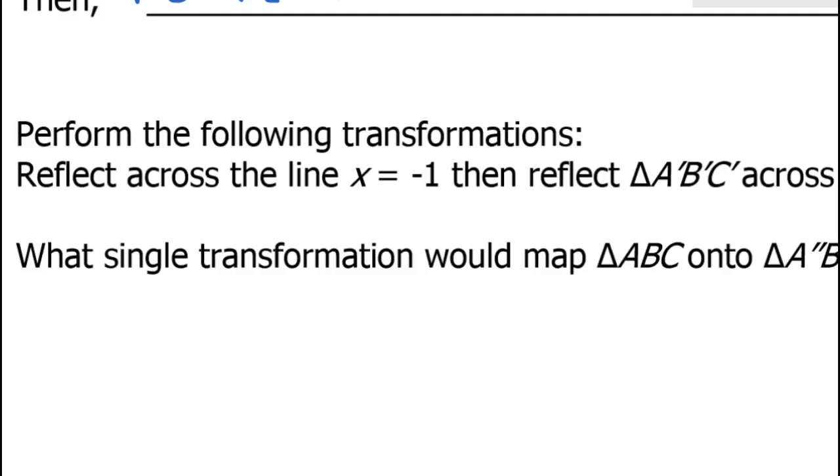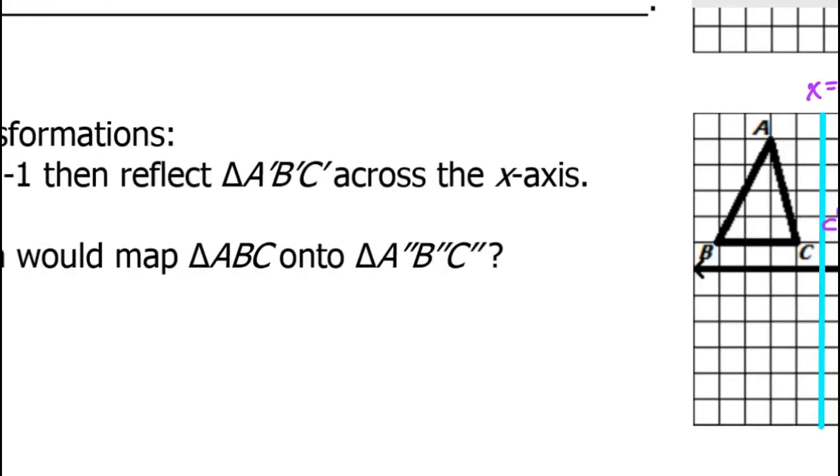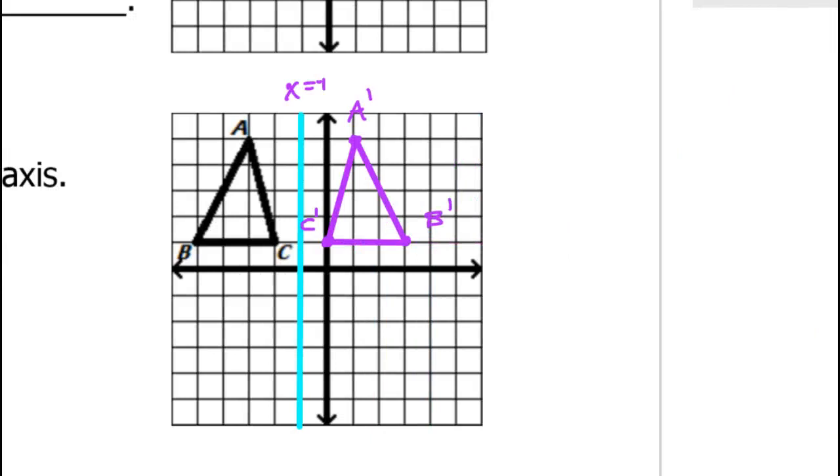Next, we are supposed to reflect A prime, B prime, C prime across the x-axis. So let's take this purple triangle and reflect it across the x-axis. A prime is 5 units above the x-axis, so I'm going to go 5 units below.